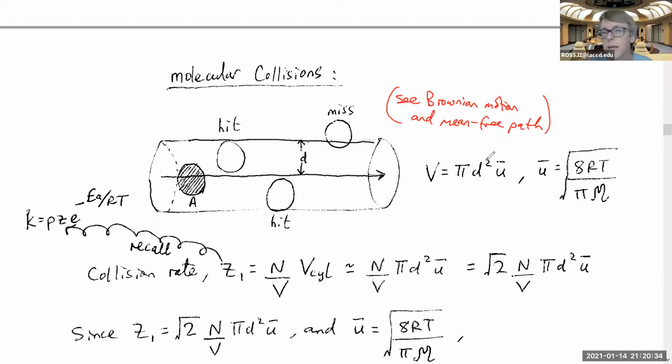So pi d squared just means pi r squared. That's the area. Then the length is proportional to the average velocity, u.